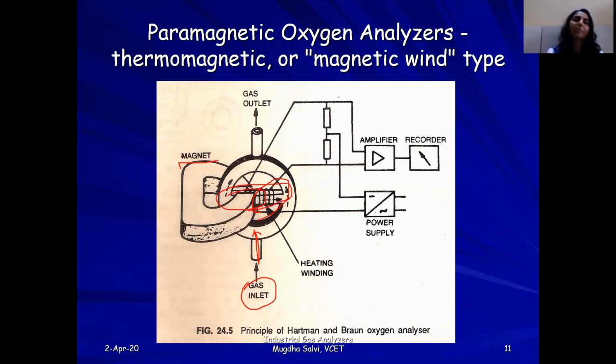And this flow is nothing but the magnetic wind. This change is detected by two elements which are part of a Wheatstone bridge, and then the Wheatstone bridge output is considered. So this is the magnetic wind type oxygen analyzer.